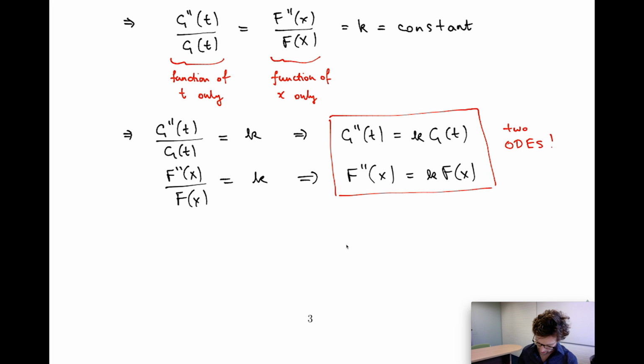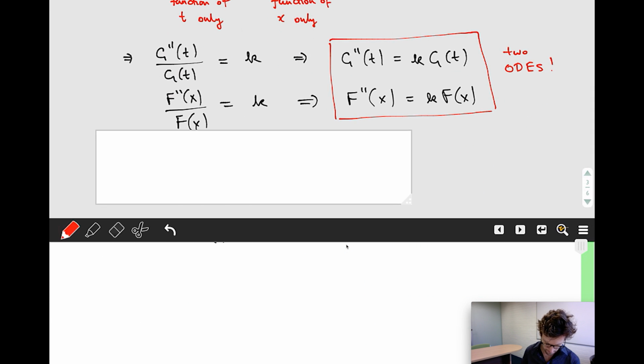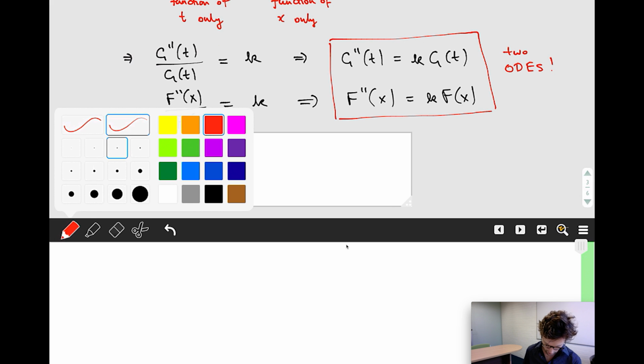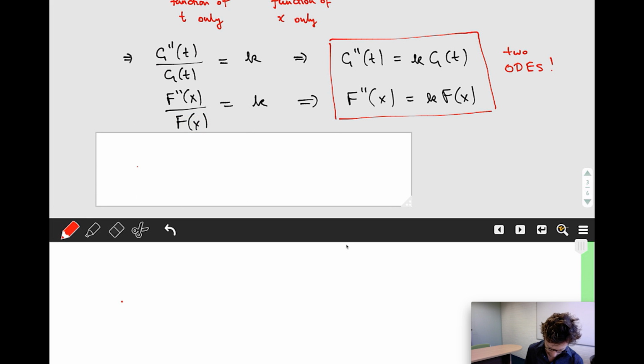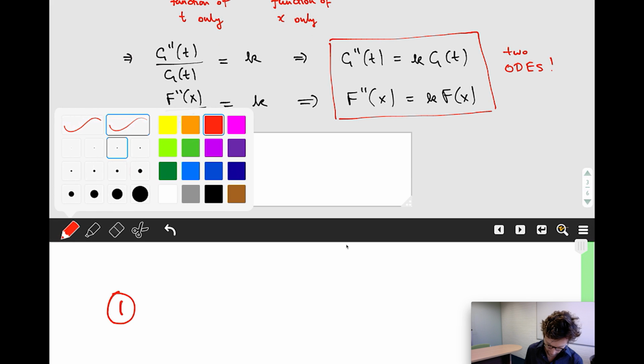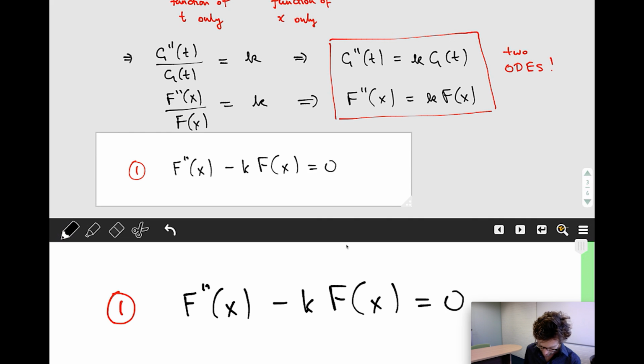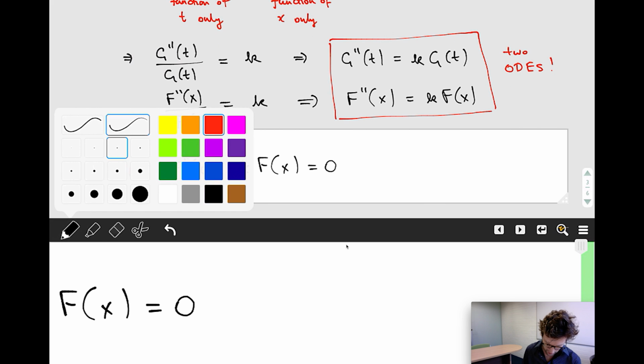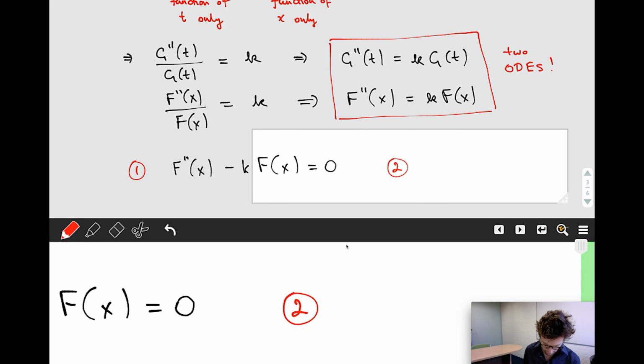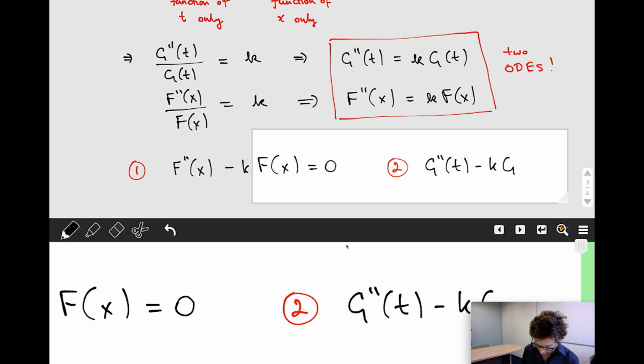So I can slightly rewrite those equations if I like. We'll call them equation 1, which is the equation for f of x: f double prime of x minus k f of x is equal to 0. And I've got equation 2: g double prime of t minus k g of t is equal to 0.